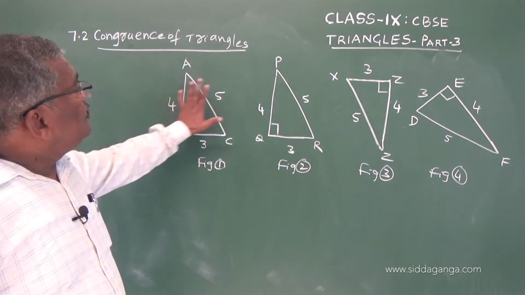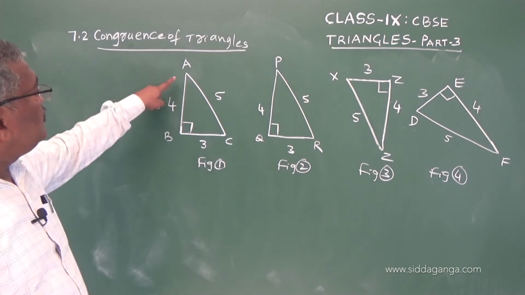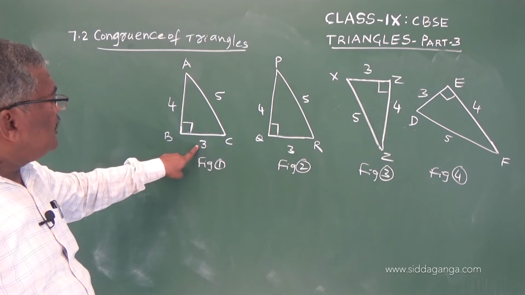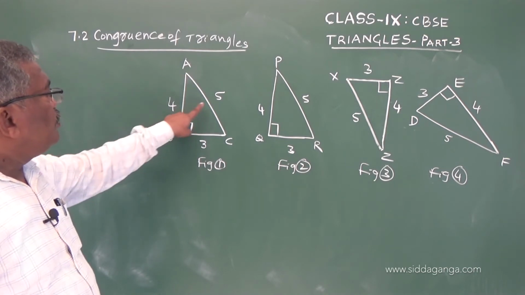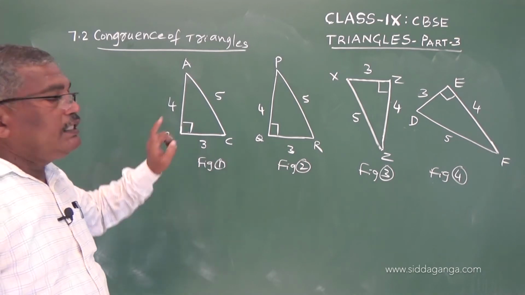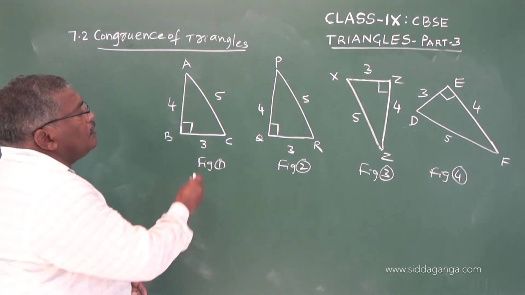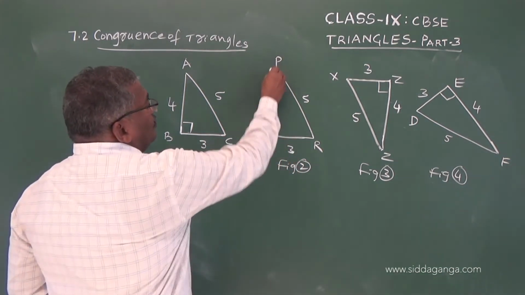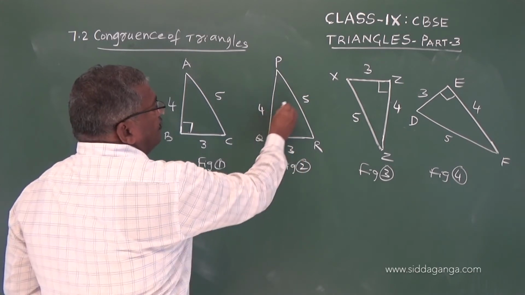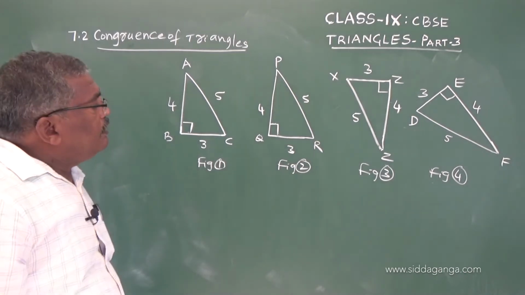Now if you observe figure 1 and figure 2, here ABC is a triangle with the side dimensions 3, 4 and 5, and angle B is 90 degree. If you observe, triangle PQR has the same dimensions 3, 4 and 5, and one angle is 90 degree.